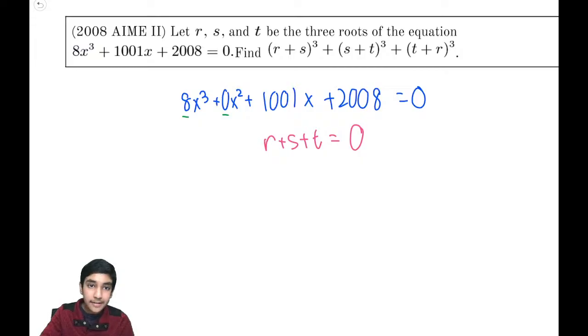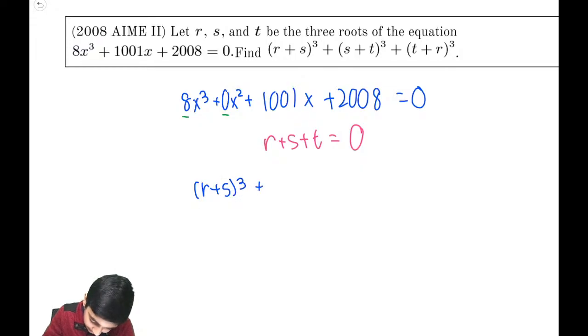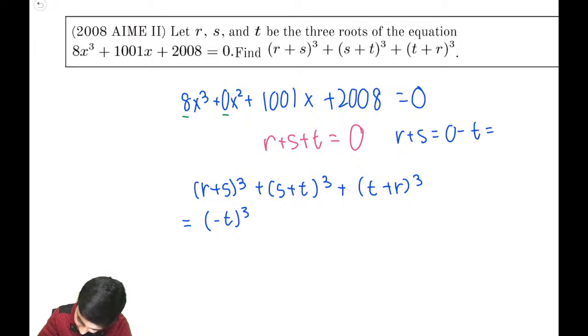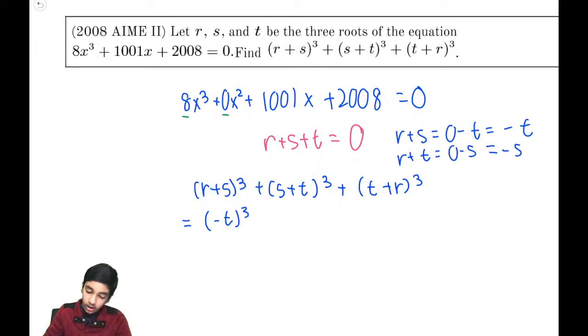And then what we do here, since we know r plus s plus t is 0, then that means (r plus s) cubed plus (s plus t) cubed plus (t plus r) cubed is just going to be equal to negative t cubed, because we know that r plus s is equal to 0 minus t, or negative t. And we know that r plus t is equal to 0 minus s, or negative s. And same thing for s plus t is negative r.